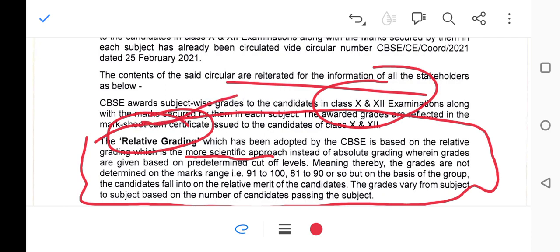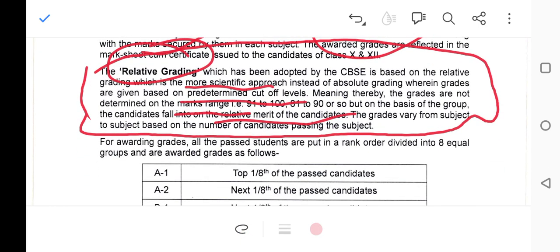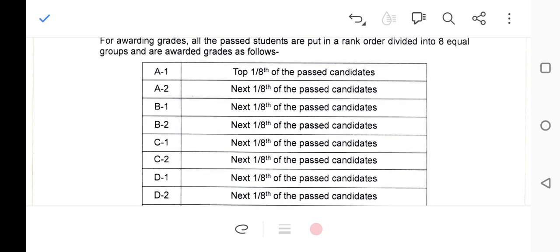Relative grading is given instead of absolute grading, wherein grades are given based on predetermined cutoff levels, meaning thereby the grades are not determined on marks such as 91 to 100 or 81 to 90, but on the basis of the group the candidates fall into, the relative merit of the candidates. So it is more scientific, more valid and reliable, and the grades vary from subject to subject depending on the number of candidates passing the subject. Here is how that is calculated in detail.